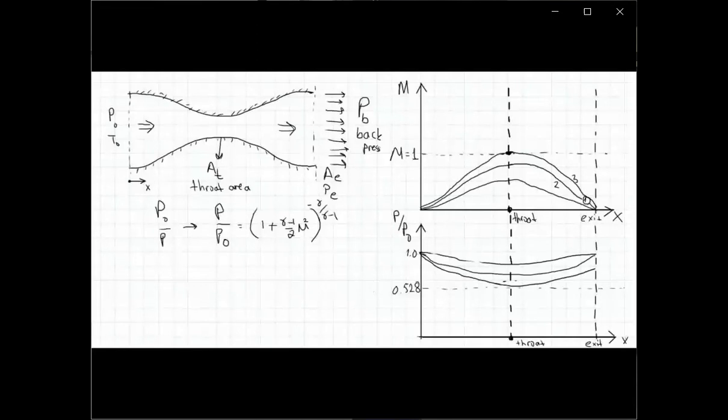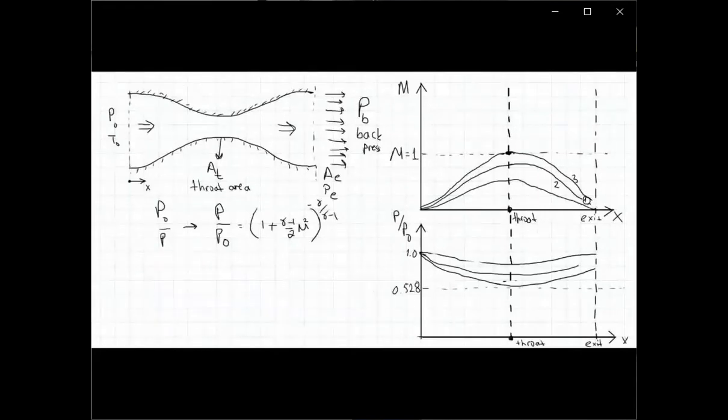By the way, I have to correct this drawing here. Let me make it a little bit more accurate. The pressure levels cannot be the same at the exit, and also the Mach numbers. So let's make a little correction here.